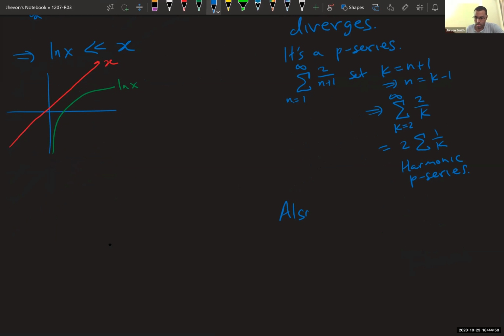Also, integral test. So there are various ways that you can see it.